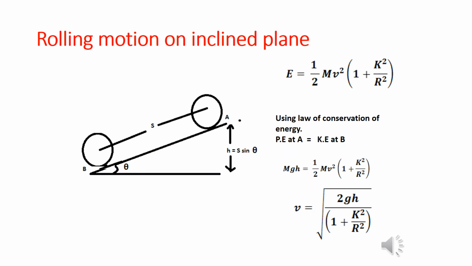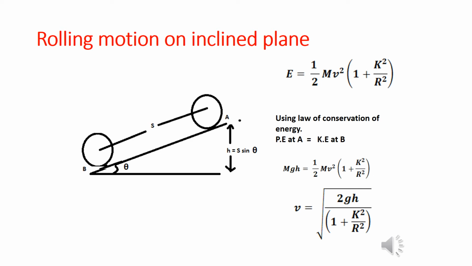Now we will set up the equation for velocity and acceleration for a body rolling on an inclined plane. The figure shows initially at time t equal to 0, the body is at point A, that is the highest point on the inclined plane, and it rolls down to point B, that is the lowest point on the inclined plane.